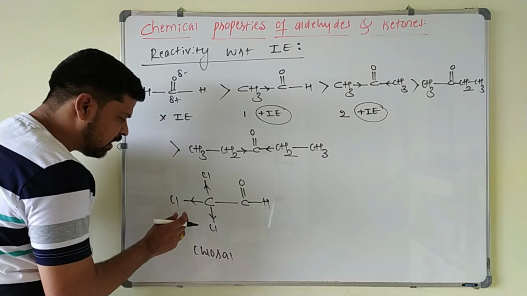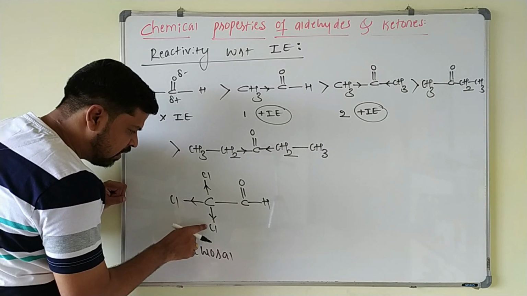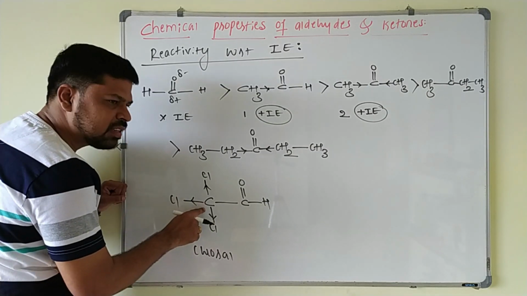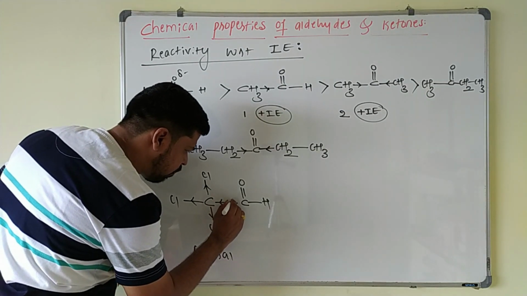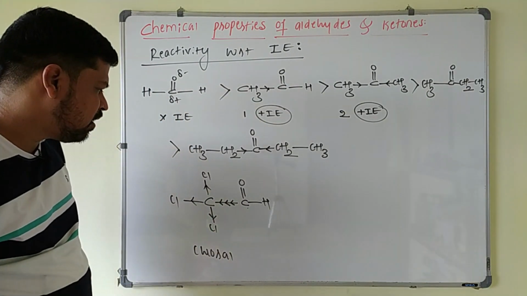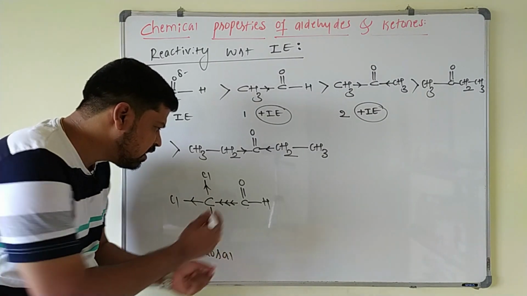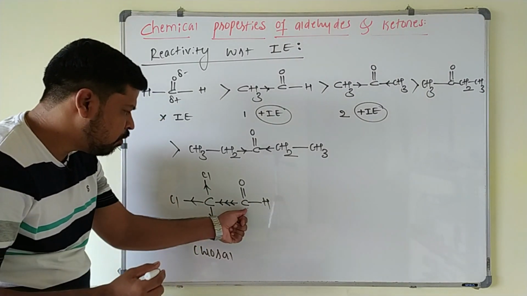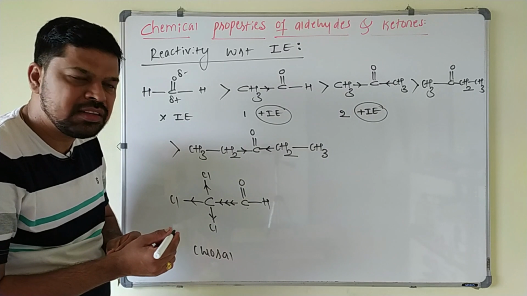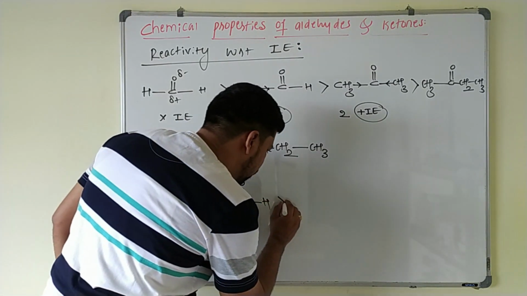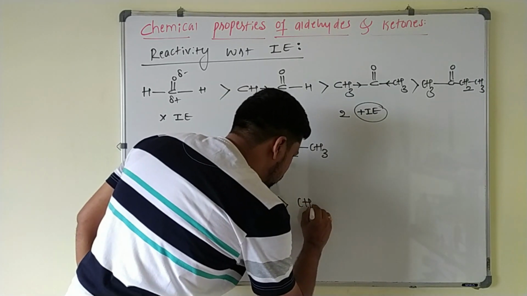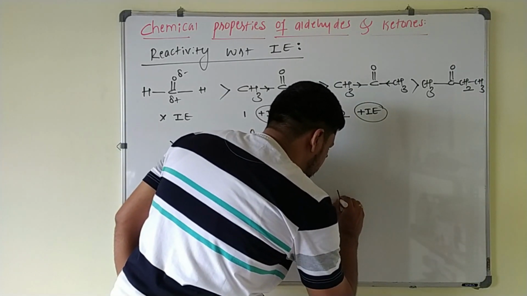So electron density is attracted towards the chlorines, means these chlorines will attract electron density from this carbon, and this carbon will attract electron density from this aldehydic carbon. As a result, electron density is going away from the carbon, positive charge density on the carbon atom increases, reactivity increases.